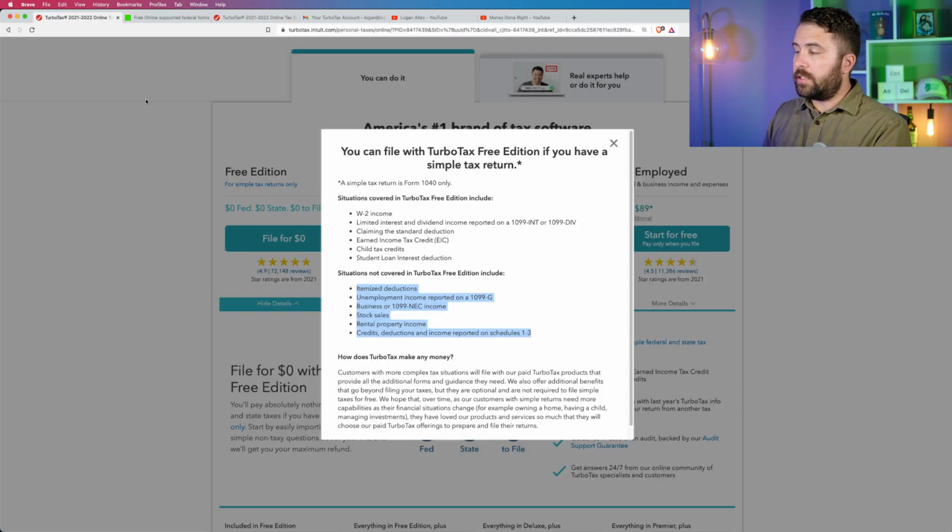Of course, there are other tax softwares out there like Credit Karma Tax, which is now Cash App Tax. Did you know that? Yes, that changed, where you can do it all for free. But maybe it's not as hand-holding, you know. Anyway, I'm going to review all the tax softwares this tax season right here on the Money Done Right channel. You don't have to worry about it, but I'm starting with the big dog, TurboTax, of course.